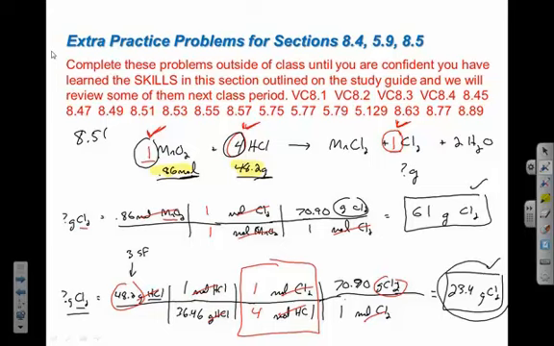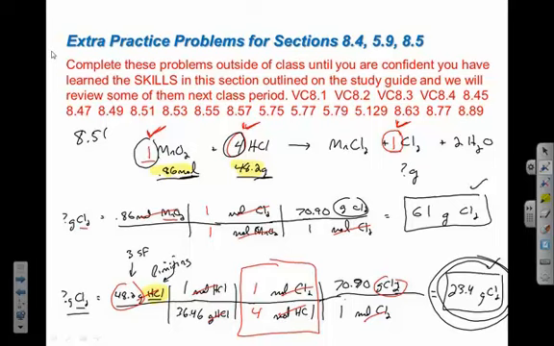The one that's smaller, that one tells me that substance is the limiting substance. That's the one I'm going to run out of first, because when I make 23.4 grams of Cl2, I don't have any HCl left. I still have enough MnO2 to make 61 grams of Cl2, but I can never make it because I've run out of HCl at the point when I've made 23.4 grams of Cl2.